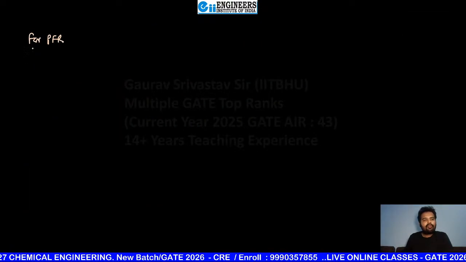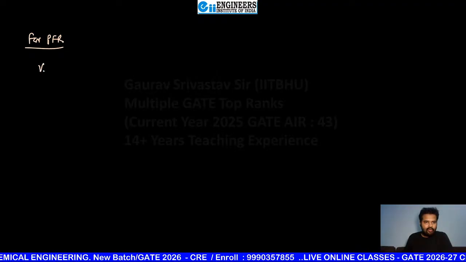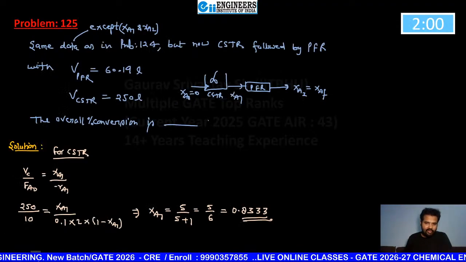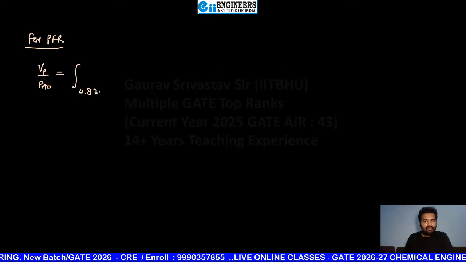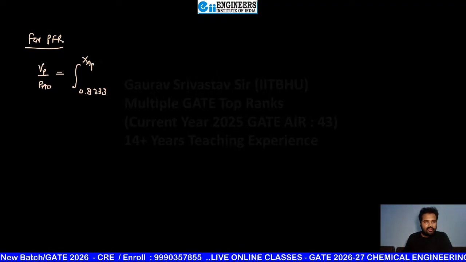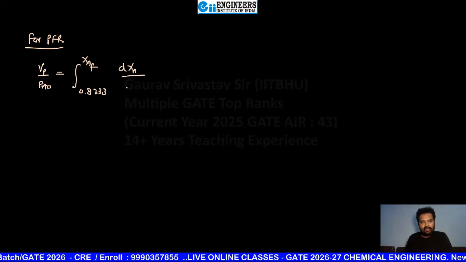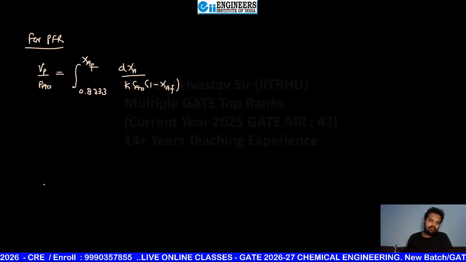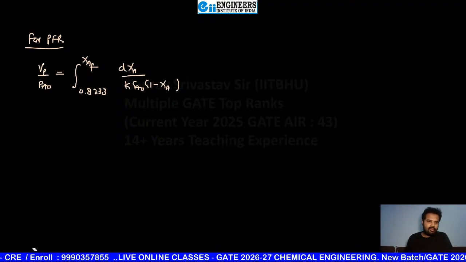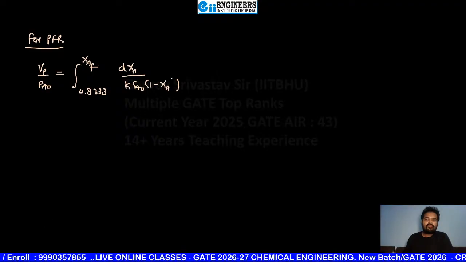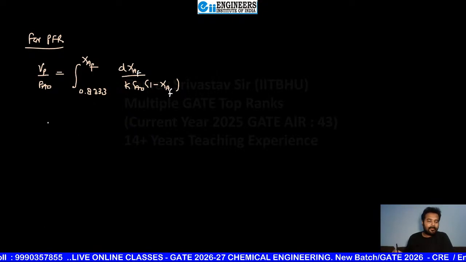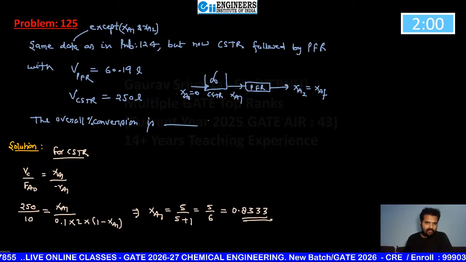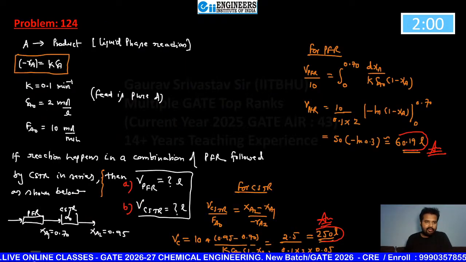For PFR, V PFR by FA naught equals the integral from XA1, 0.8333, to XA final of dXA upon minus RA, and that is K CA naught (1 minus XA). So V PFR is 60.19, FA naught is 10.